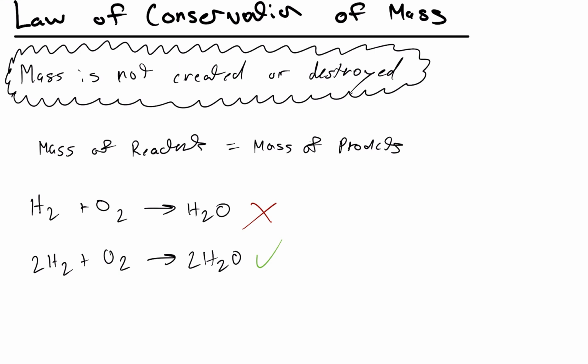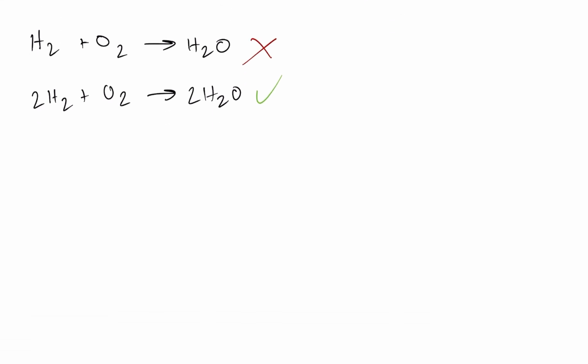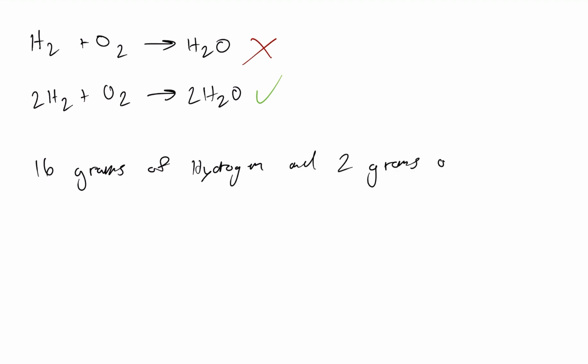So let me give you a practice problem, just verbally. Let's say you were to start with 16 grams of oxygen and 2 grams of hydrogen. How much water should you end up with? So we can write it down. 16 grams of hydrogen and 2 grams of oxygen.